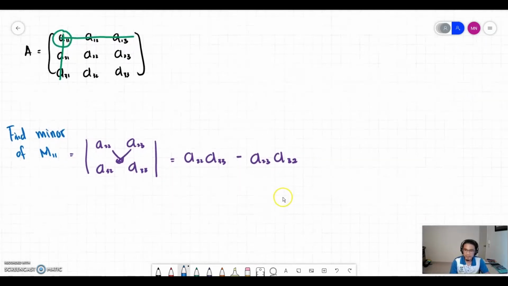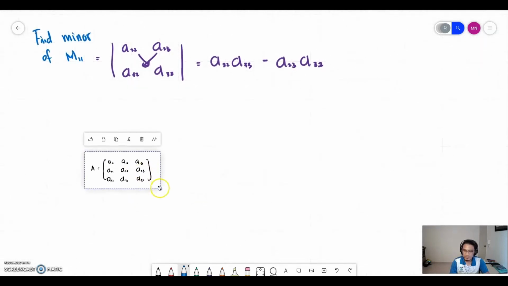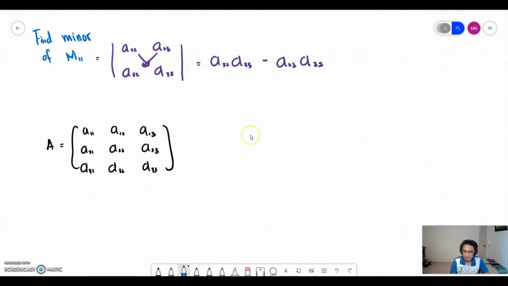Okay, let me show you another example, also from the same matrix A. Now I want to find the minor M22. In order to find the minor M22, I should be looking at the element 22, which is A22.